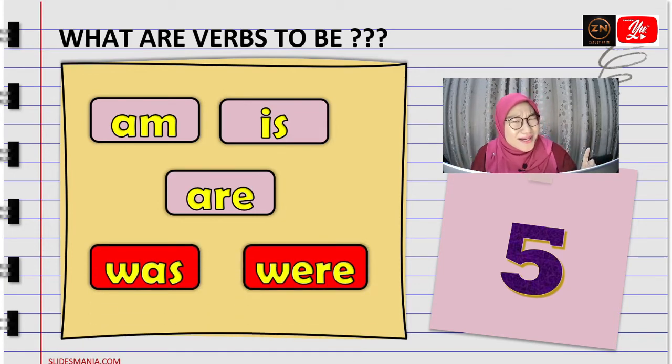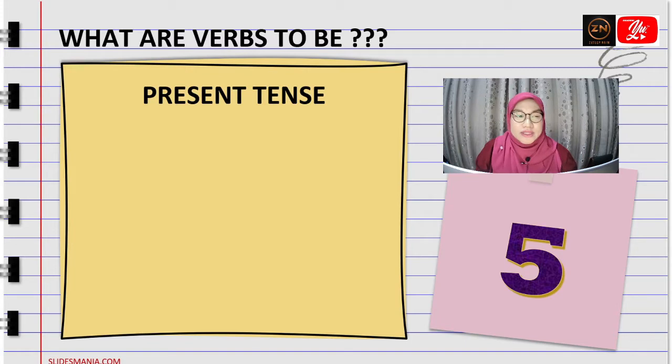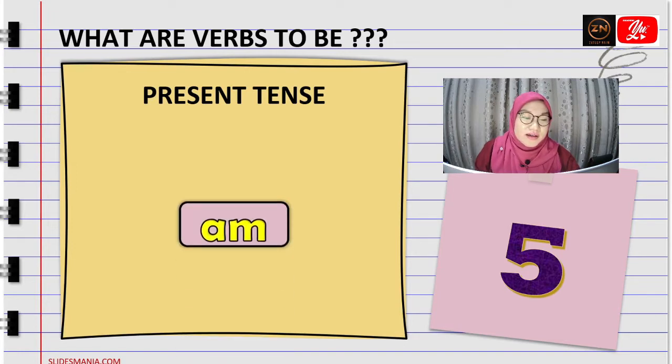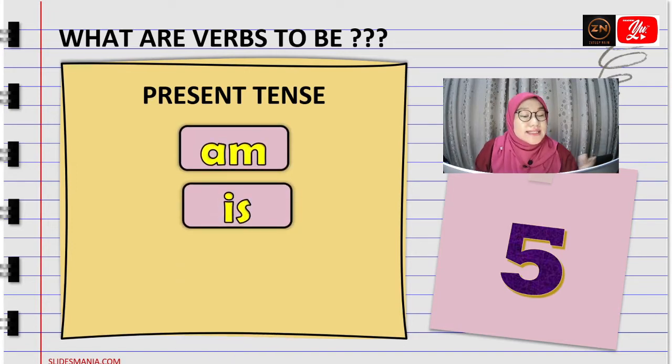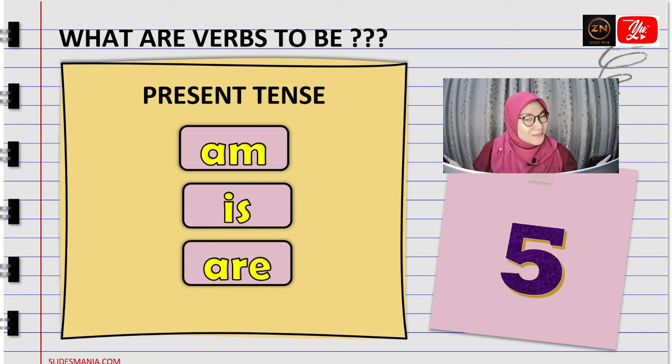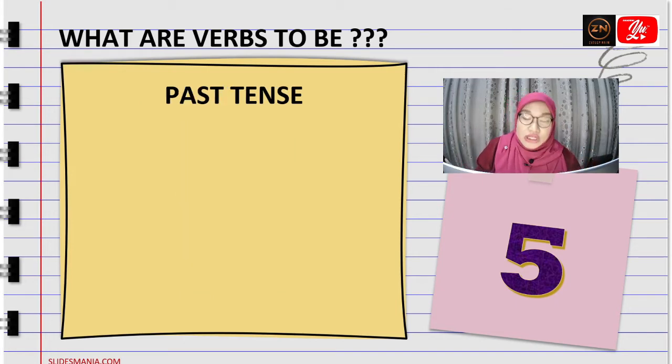Now, why do I put them in different colors? I will explain later. We can categorize them into 2 types, which are present tense, and the present tense verbs to be are am, is, and are. And the second type of verb to be is the past tense, untuk benda yang sudah berlaku.